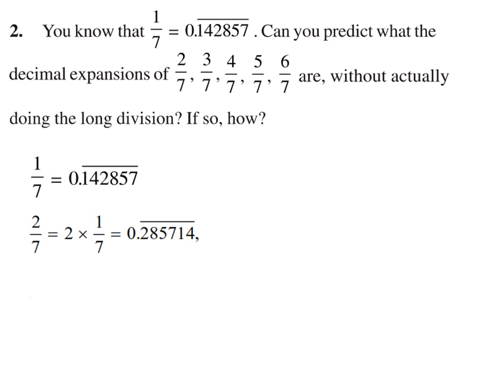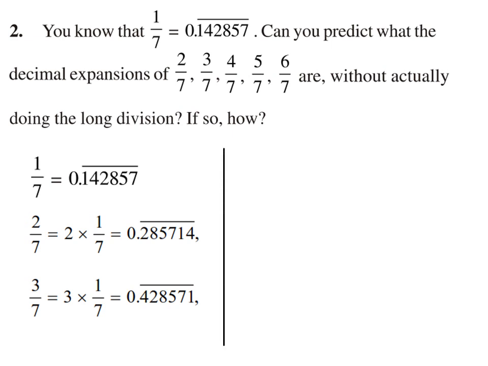Similarly, if we have to find 3 by 7, it will become 3 into 1 by 7, which will be 0.428571 bar. Next 4 by 7 can be written as 4 into 1 by 7, which will become 0.571428 bar.